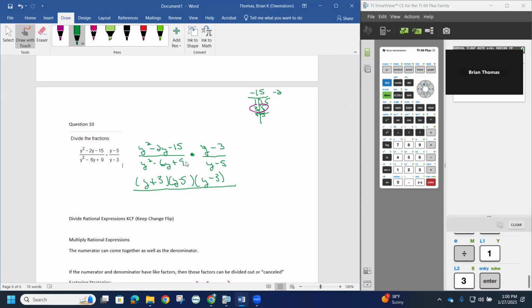Notice at the bottom, what are the factors of 9 that give me a 6? It looks like that 3 and 3 jump out. So we need a y and a y. But to get a negative 6, both of those 3's need to be negative. So notice how negative 3 times negative 3 does give me my 9, and negative 3 plus negative 3 gives me my negative 6.